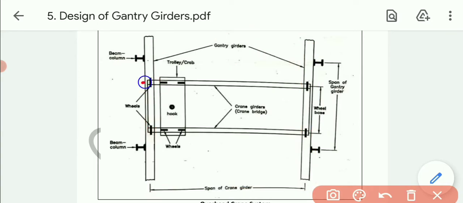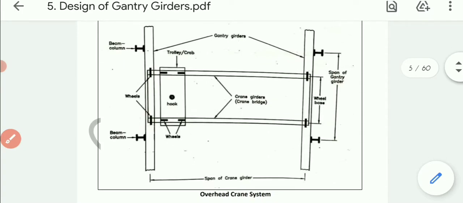Then this one is our crane girder, and its 4 wheels are there, so the dimension between 2 wheels is known as the wheelbase of the crane girder. This one is our trolley. There are 4 wheels of the trolley and the hook is attached with the trolley, and this will be the span of the gantry girder, as you can see.